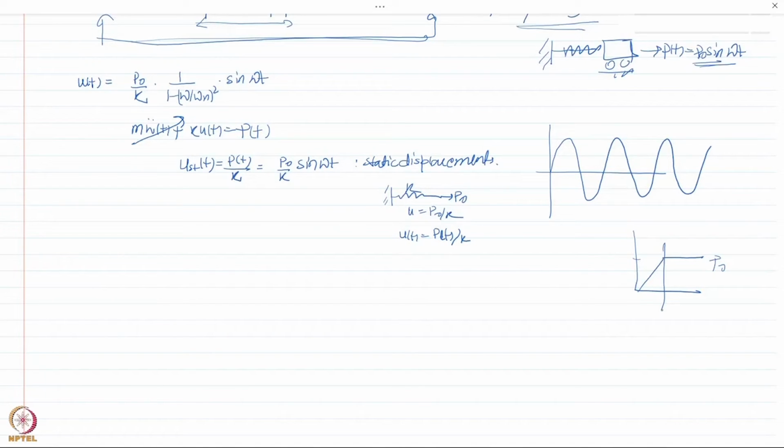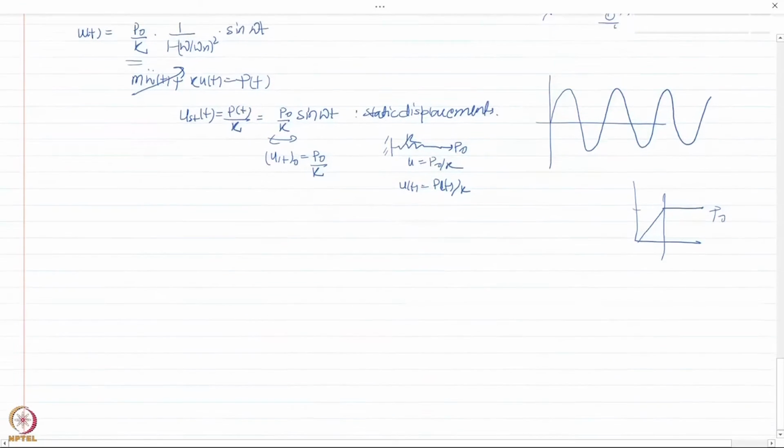Now the significance of this is that if there was no mass in the system and I applied a sinusoidal load, the peak displacement would be u of st naught equal to p naught by k, and it's the same p naught by k that I have here.